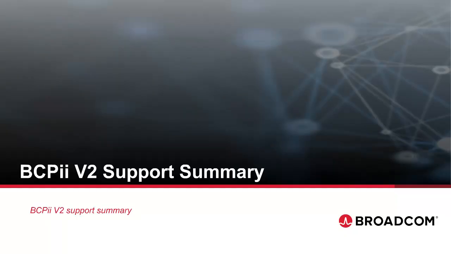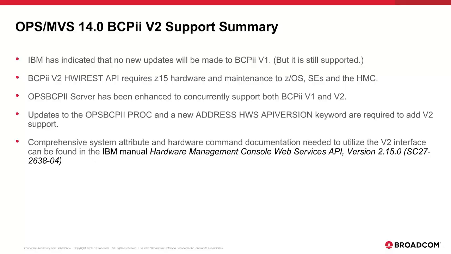The following is a summary of the OPS/MVS integration with the BCPII version 2 HWIREST API. IBM has indicated that no new updates will be made to BCPII version 1, but it is still supported. BCPII version 2 HWIREST API requires z15 hardware, firmware, and software updates.